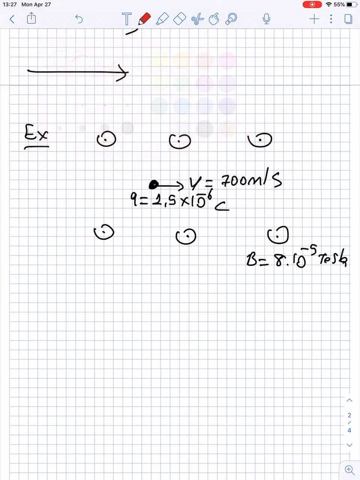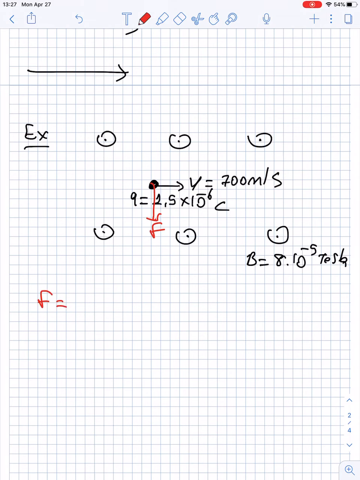Calculate the magnetic force, direction and magnitude. Look, my thumb shows the direction of the velocity, my fingertips point out of the page, and my palm, the direction of the magnetic force, is downwards.